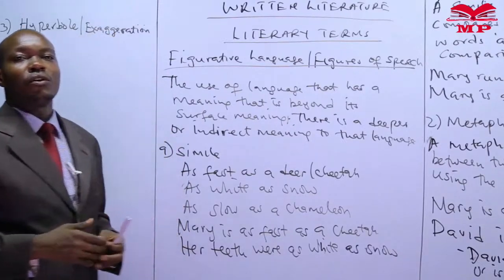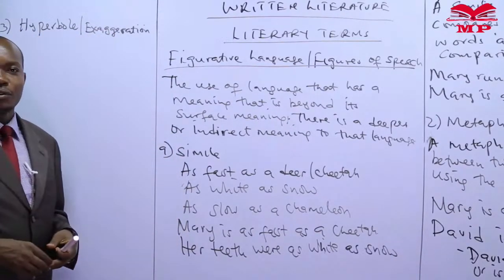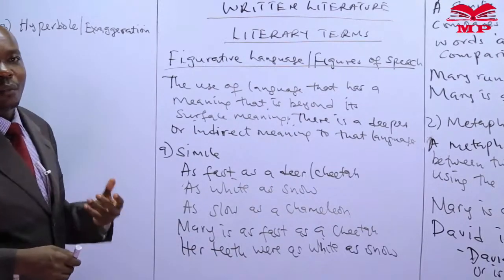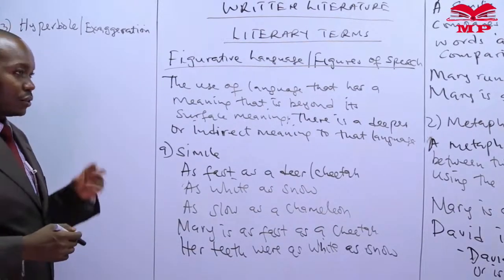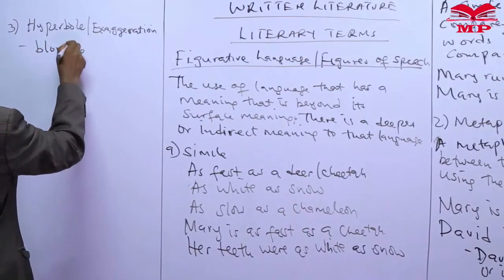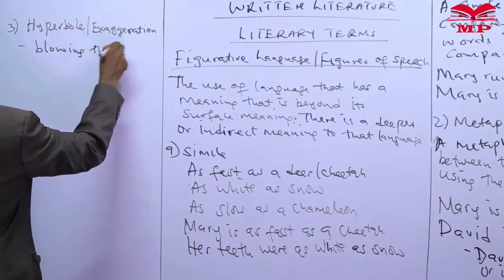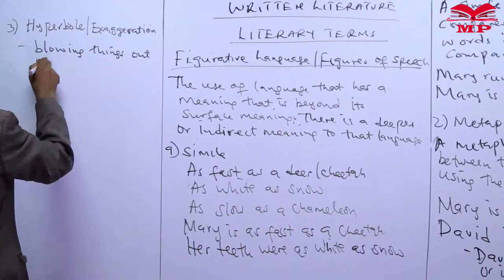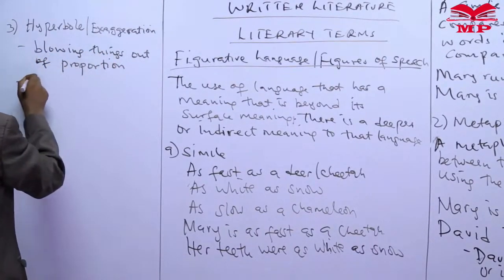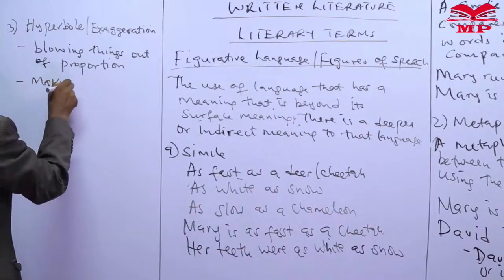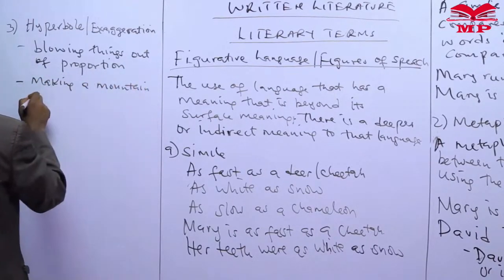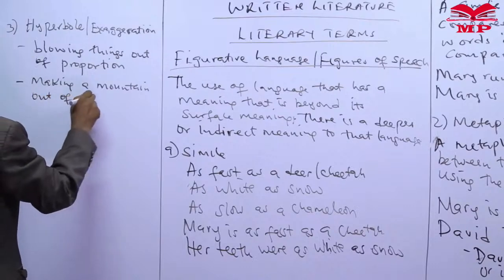We normally say you are blowing things out of proportion, or you are making a mountain out of a molehill. There are those statements. Blowing things out of proportion, or making a mountain out of a molehill.